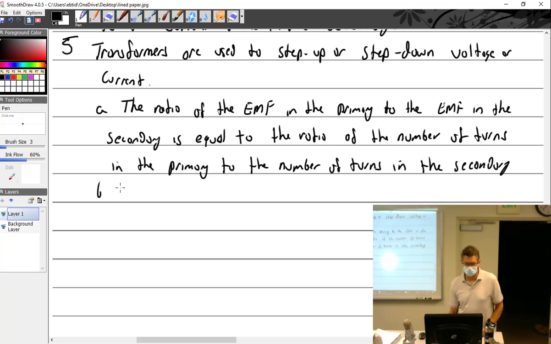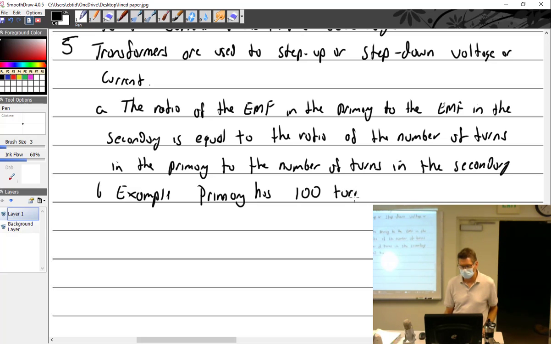Example, which will make much more sense. If the primary has 100 turns, everybody knows what a turn is? Yeah, it's once around the block there. Once, 100 turns.